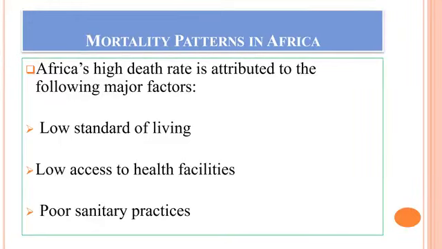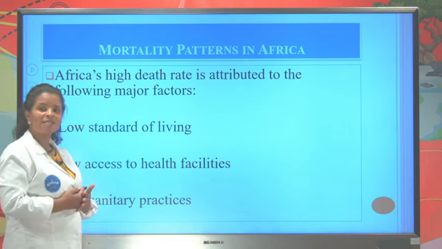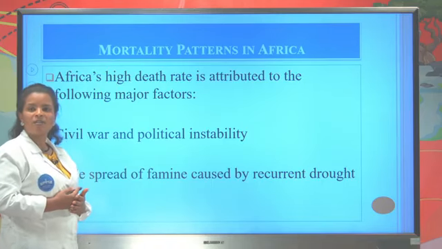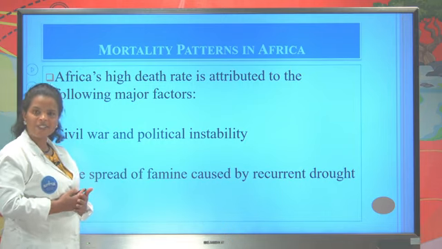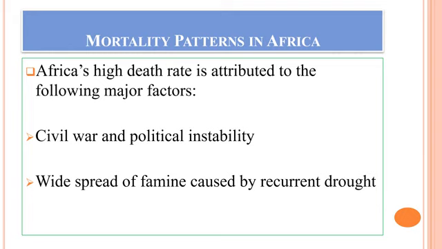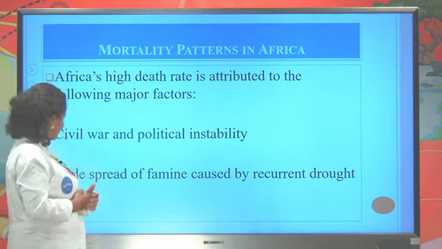Africa's death rate is attributed to the following major factors: low standard of living, low access to health facilities, poor sanitation practices, civil war and political instability, and widespread famine caused by recurrent drought. These are the causes of the high death rate in Africa.